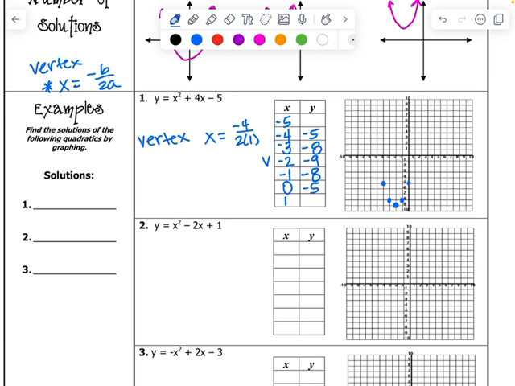Let's see if this helps us. Okay, if we plug in 1 squared plus 4 times 1 minus 5, hey, that gets us 0. That's an important one. Okay. If we plug in negative 5 squared plus 4 times negative 5 minus 5, that's 25 minus 20 minus 5. That gets us 0.